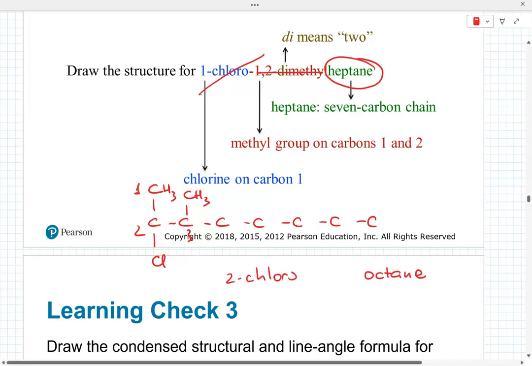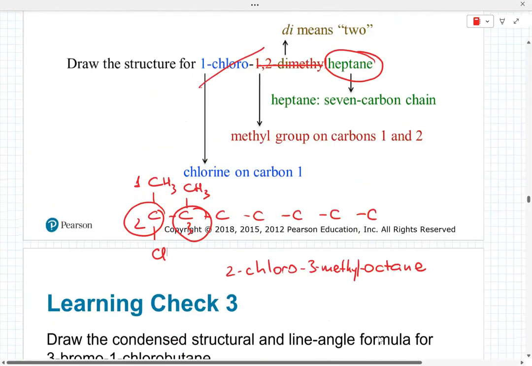Yes. 2-chloro, 3-methyl octane. 2-chloro, 3-methyl. Does that make sense? Yeah, fun with nomenclature.